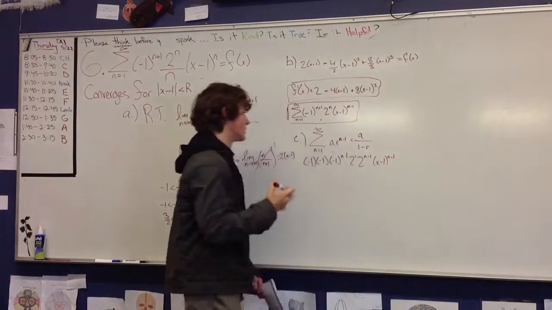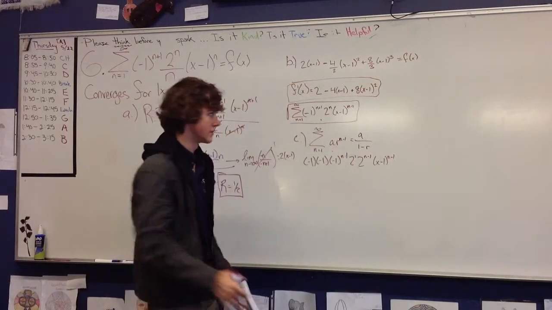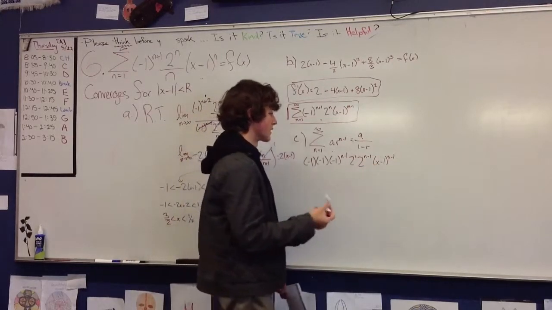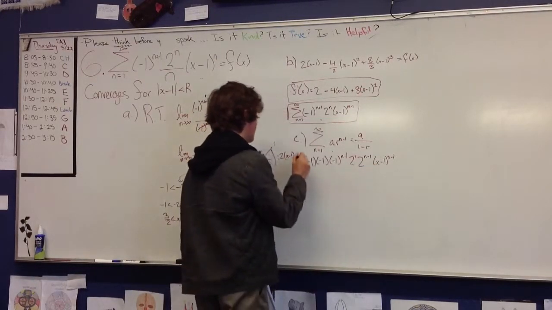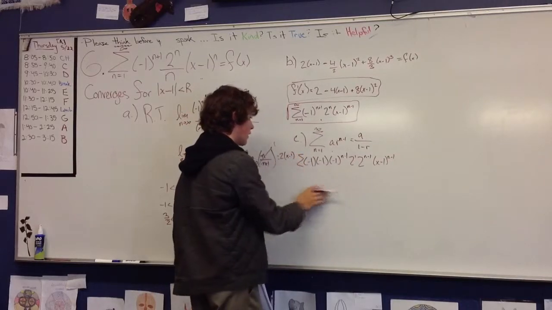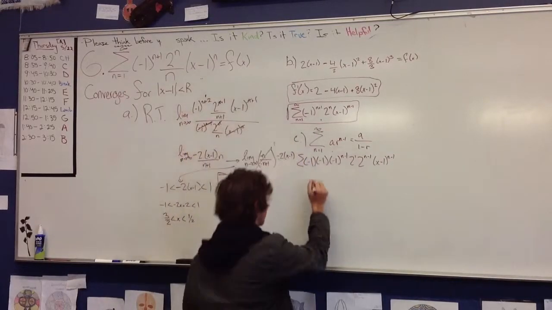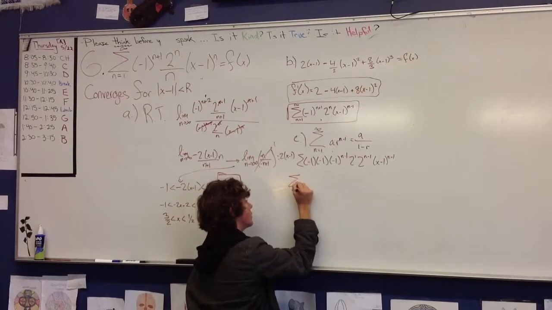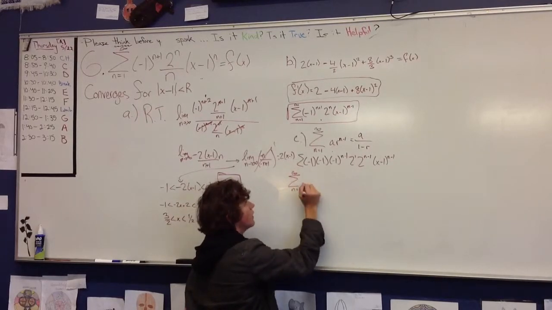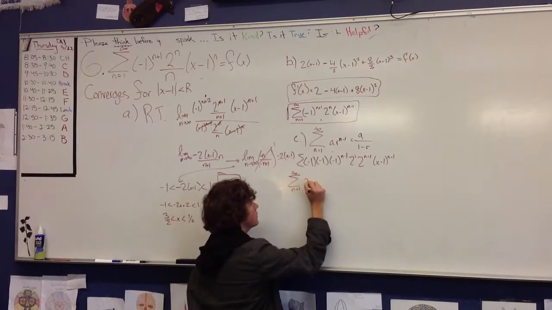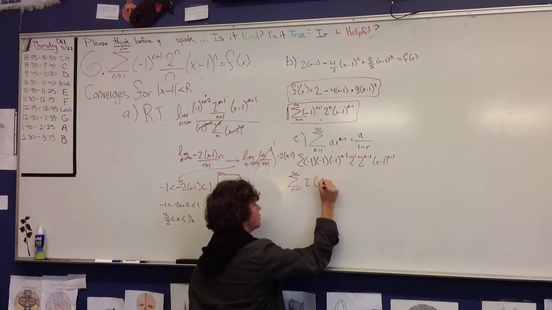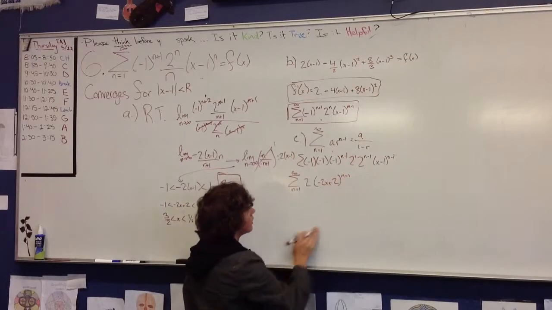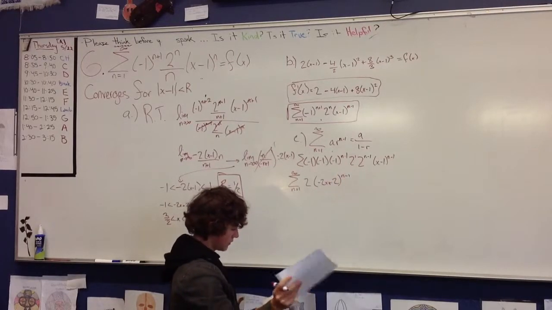So since we have all these nice powers that are multiplied together, these three can become negative 2 times x minus 1 to the n minus 1, and this is still the sum, by the way. So if we simplify this down, this just becomes positive, so it's the sum from n equals 1 to infinity of positive 2 times negative 2x plus 2 to the n minus 1, I believe.